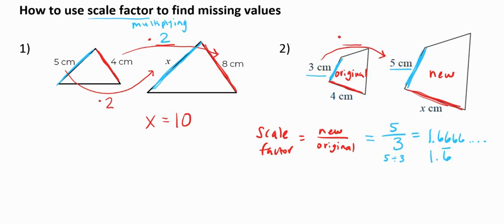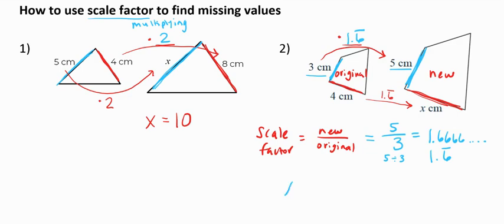Okay, so I know that that's my scale factor now, and even though it's a decimal, it's still going to be the same idea. So again, I know that 4 times something is x, and I know that our scale factor is 1.6 repeating. Okay, so to figure out what x is, I do 4 times 1.6 repeating, and that gives me x. Let me change colors.